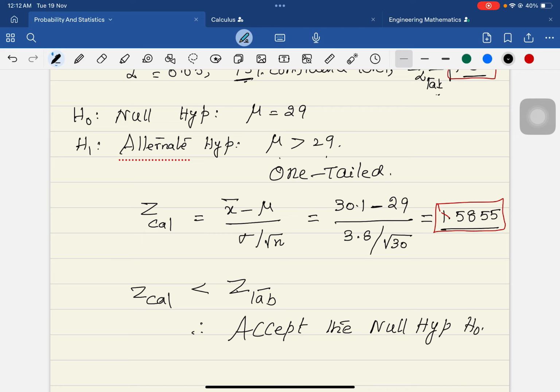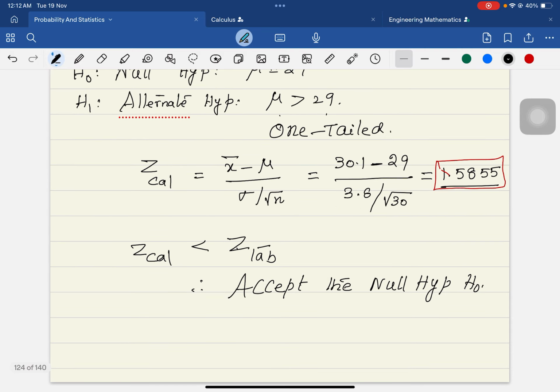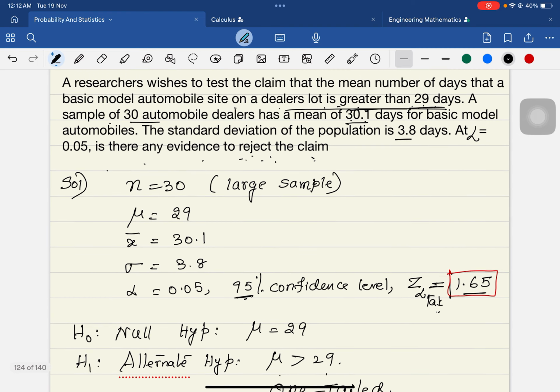What does this mean? At this alpha, is there any evidence to reject the claim? No. We are accepting the claim, that is, we accept the null hypothesis. I hope it is clear to all of you.